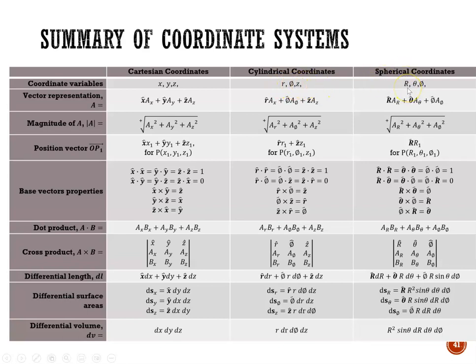Spherical, you have capital R, theta, and phi. And then you have the magnitude for all three, the position vector, the base vector properties, the dot product A dot B, the cross product A cross B, the differential length, the differential surface area, and the differential volume. So dl, ds, and dv will be given in this table.